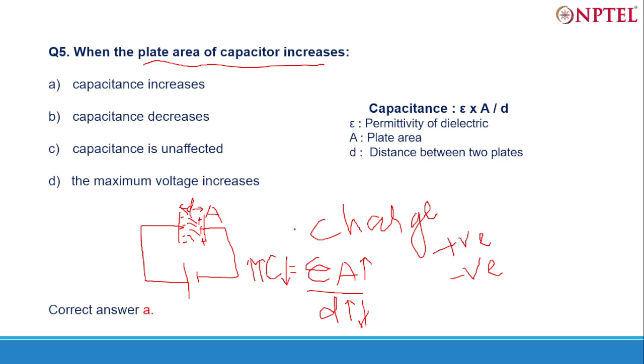So where is the use of this capacitance? When you see a fan, a fan is the best example. You have heard a term named condenser. That condenser is nothing but a cylindrical capacitor.